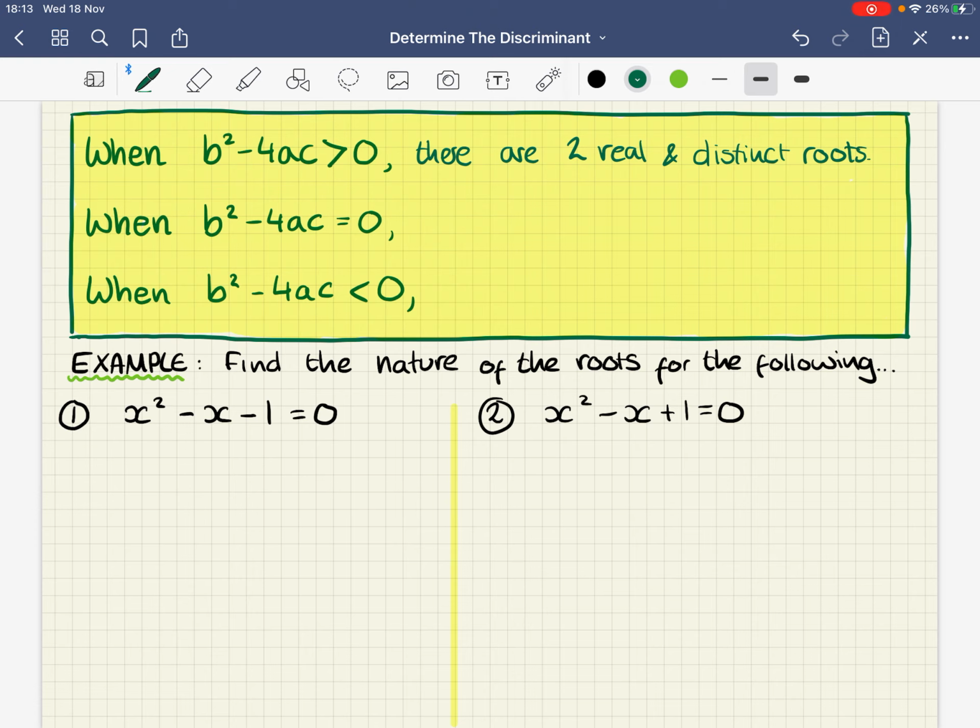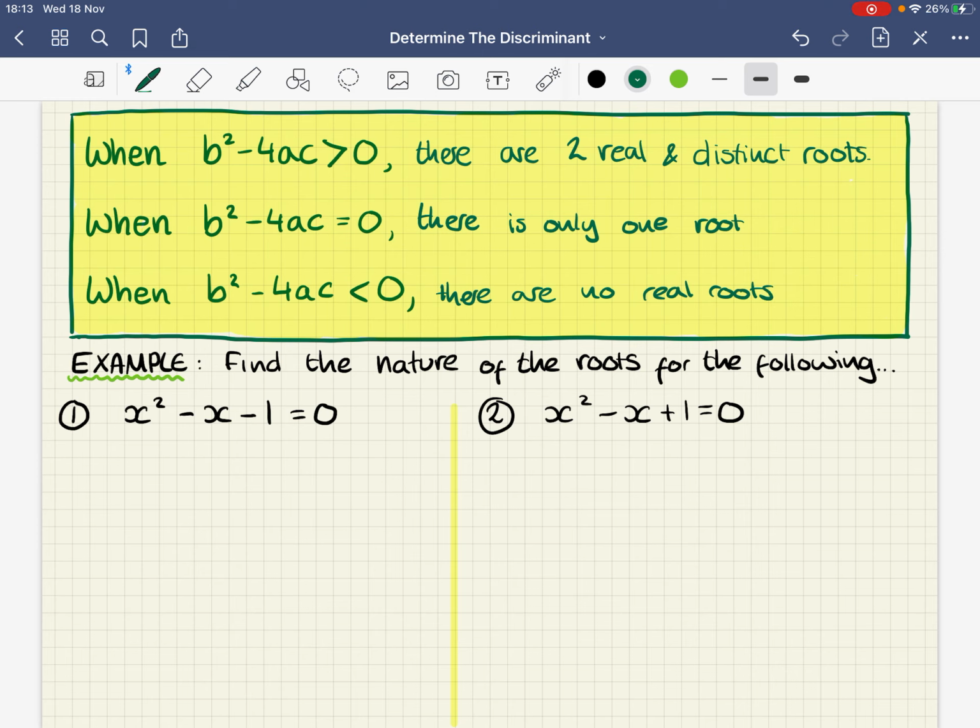And when b squared minus 4ac equals 0, there is only one root. I wrote only one root. And when b squared minus 4ac is less than 0, there are no real roots.